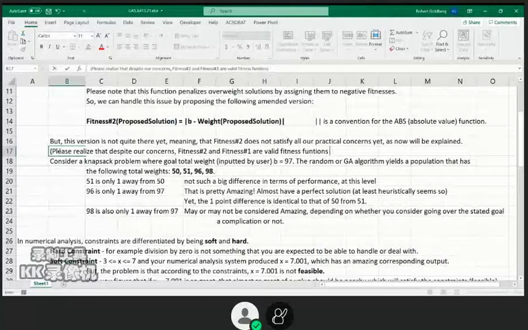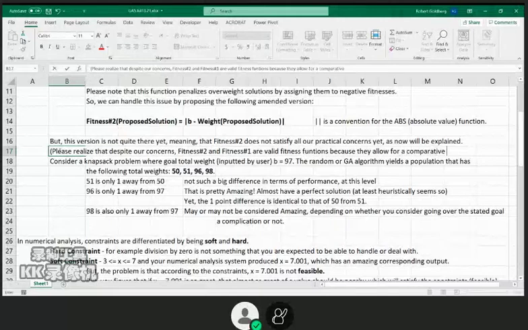They are valid fitness functions because they allow for a comparative evaluation, for lack of a better word, between proposed solutions.